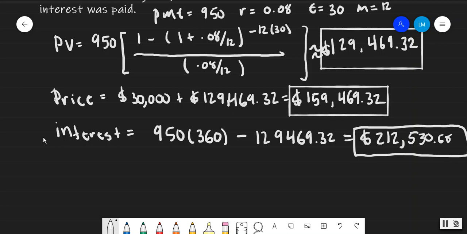Now, one thing that I can do, for instance, is look at how much the balance got reduced on the first payment.